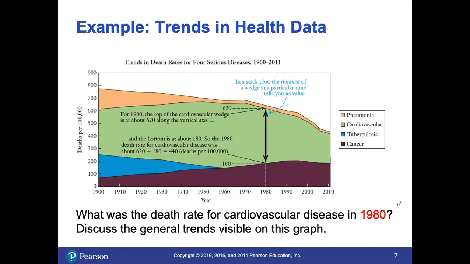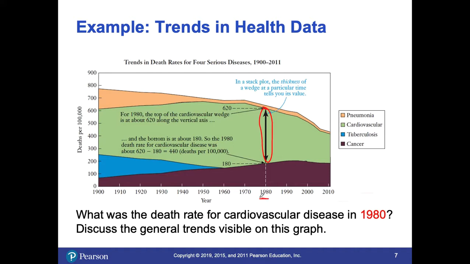Now for stack plots, we have different thicknesses that show us differences between two different, in this case, diseases. Notice in this particular case that the thickness of this wedge reaches from here all the way down to here. It tells you what the wedge is at this particular point in time.